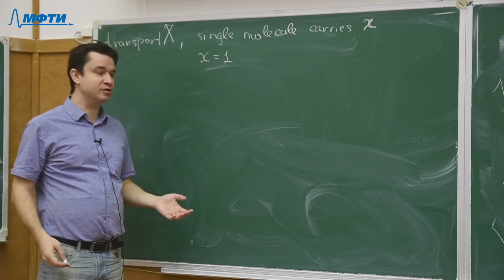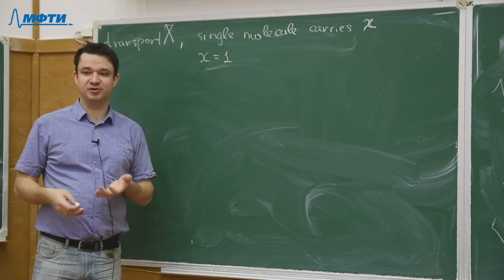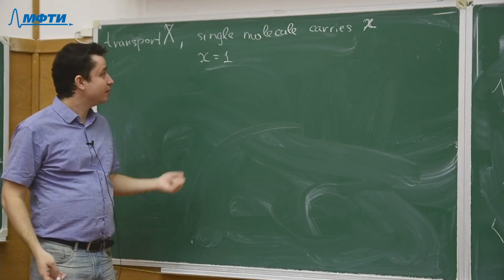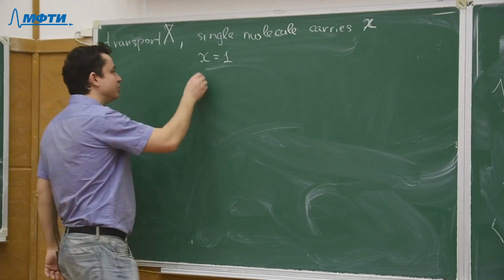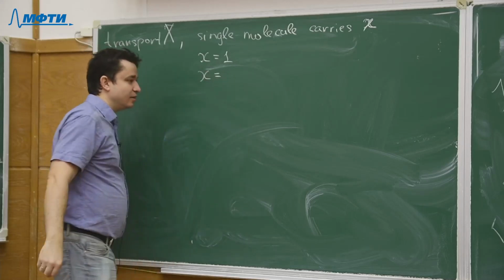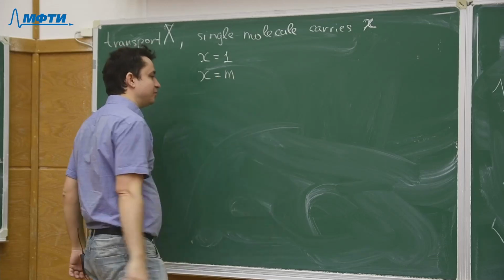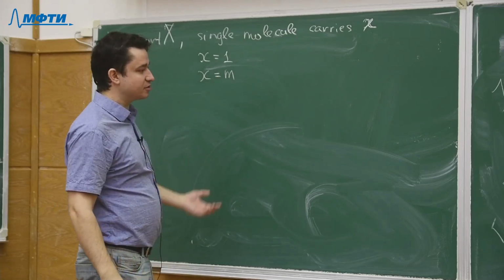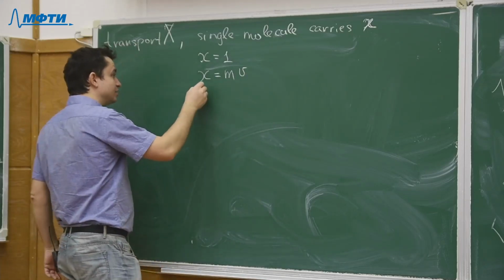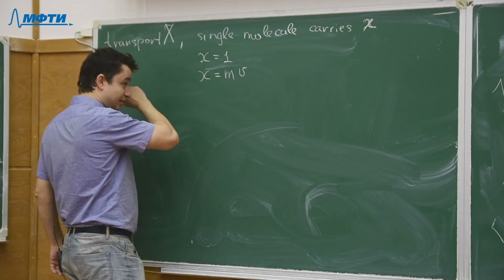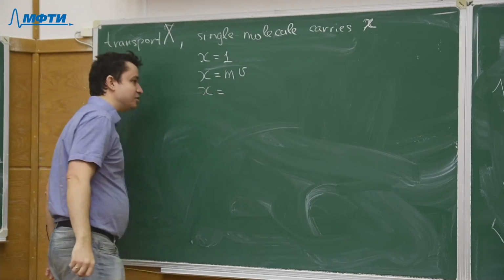If you consider the transport of the number of molecules, that means the number of molecules per single molecule is 1. If we talk about the viscosity, then each molecule carries some momentum, which is equal to the product of the mass of the molecule multiplied by the macroscopic velocity v of that molecule. And if I talk about thermal conductivity, that means that each molecule carries some energy.